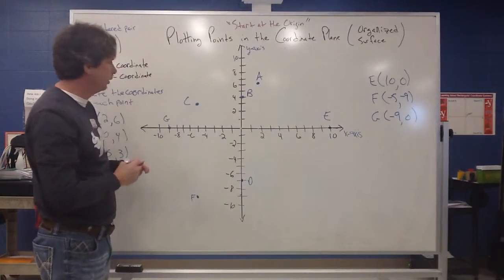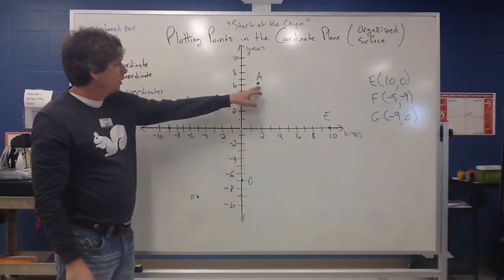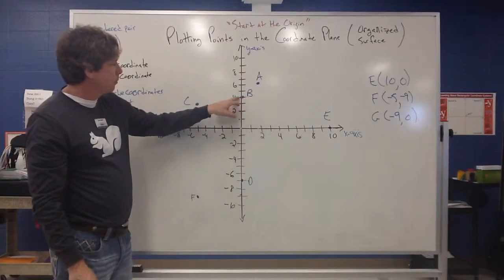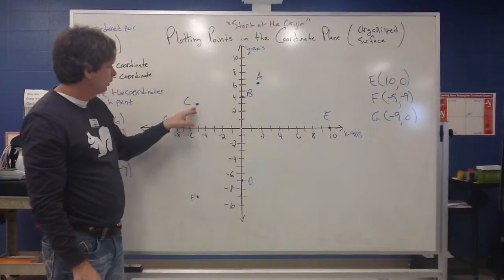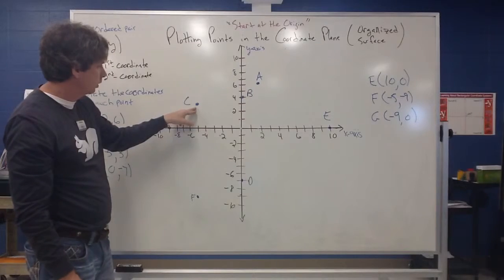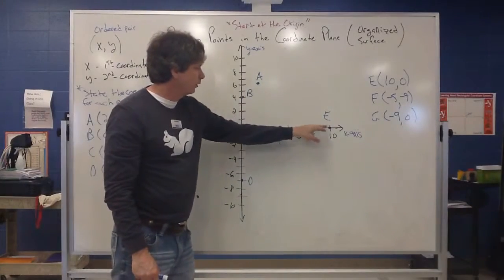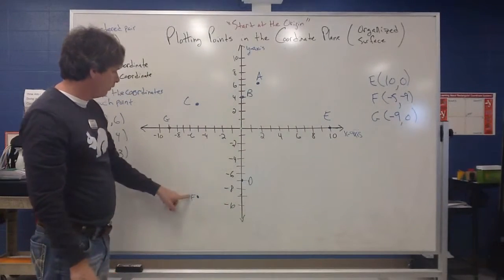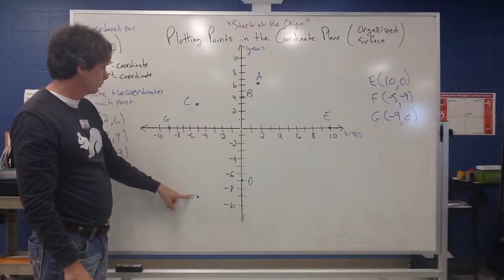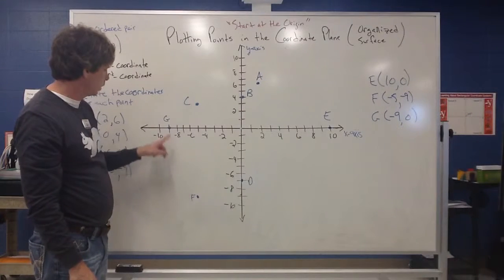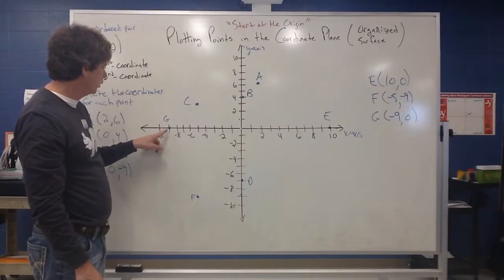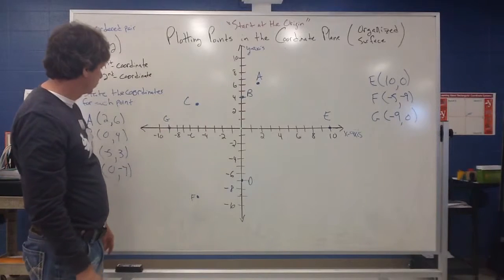So again, you can pick up on these. A is in the first quadrant, B is on the y-axis, C is in the second quadrant, E is on the x-axis, F is in the third quadrant, and G is also on the x-axis.